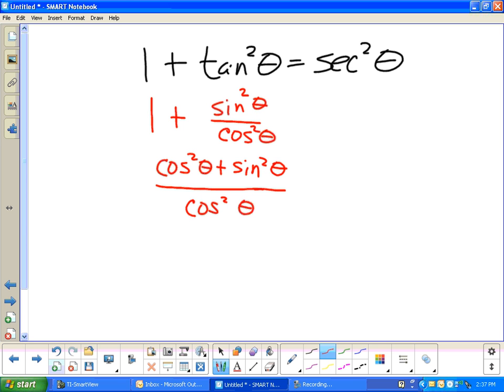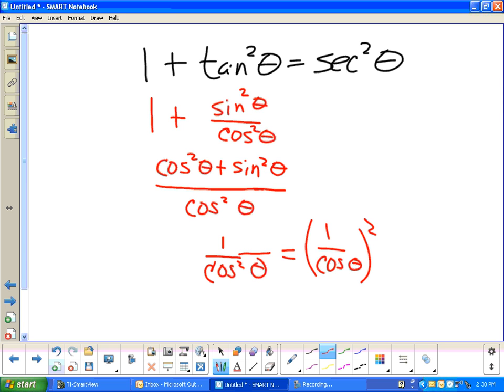Anyone want to take it from there? What's the top? What's cosine squared plus sine squared? Pythagorean theorem. We just did it. 1. So all of this simplifies down to 1 over cosine squared theta. And 1 over cosine squared theta is the same as saying 1 over cosine theta quantity squared.